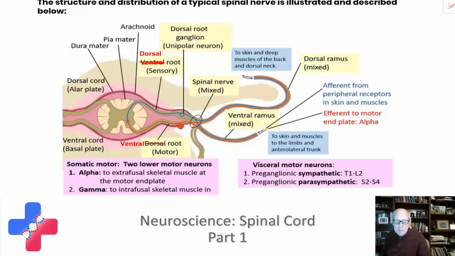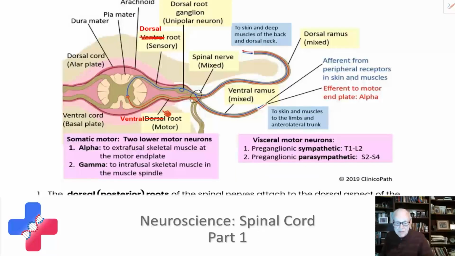It is bringing from the spinal cord all of the motor outflow from that spinal cord segment to the peripheral system. Now you might notice here in the diagram, there are two types of motor systems coming via the ventral root out of the cord. These are somatic motor or visceral motor. Visceral motor is part of the autonomic nervous system, which is dealing with our internal homeostasis.